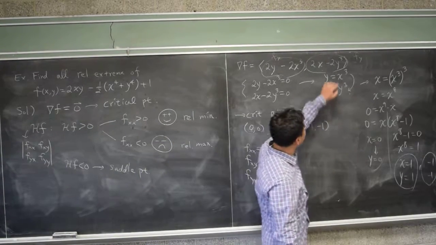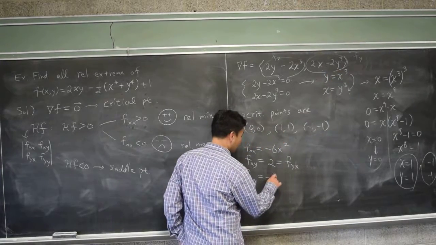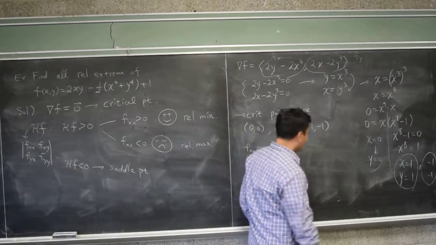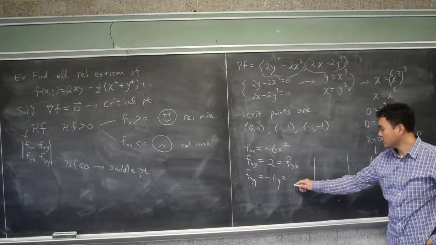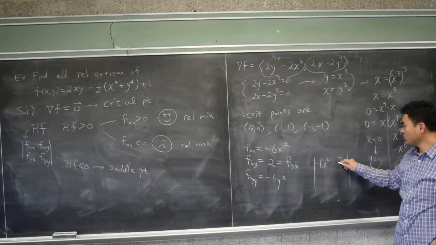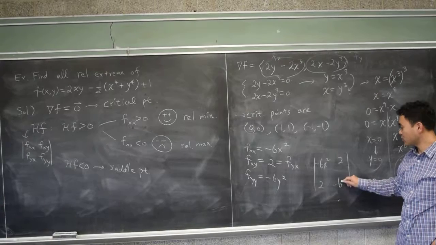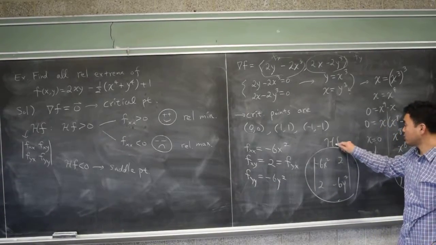I have to differentiate fy by y, right? So it's negative 6y squared. All right, so now we have the Hessian. What's the Hessian then? Negative 6x squared, 2, 2, negative 6y squared. That's the Hessian, H of x.